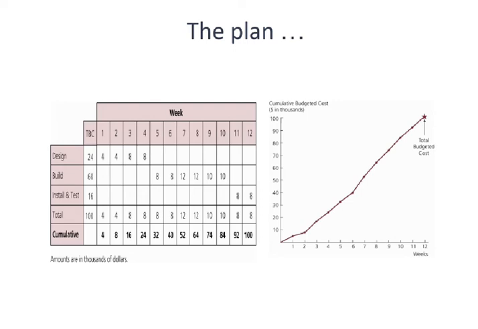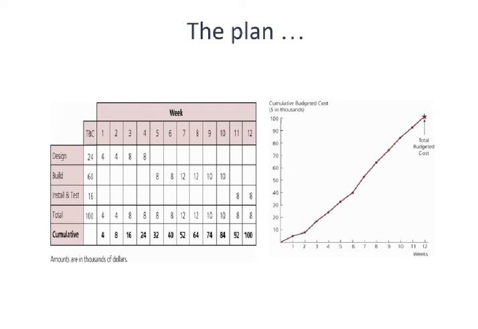Week 2, we've spent $8,000 because we take what we spent in week 1 and add to it what we spent in week 2. So the cumulative budgeted cost is always increasing. It never goes down. It's a growing plot that should, ideally, end at the total cost of the project or less.